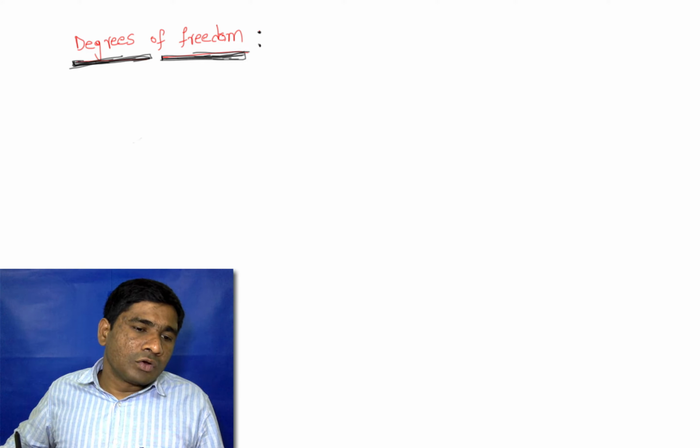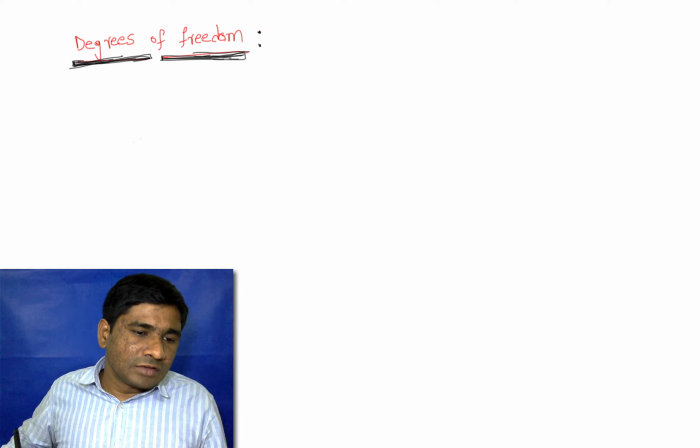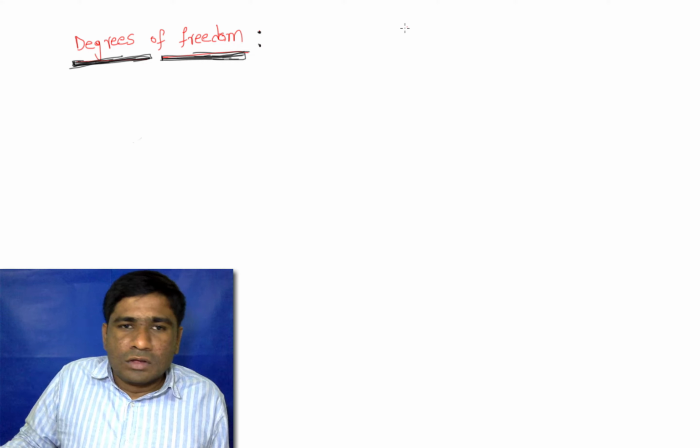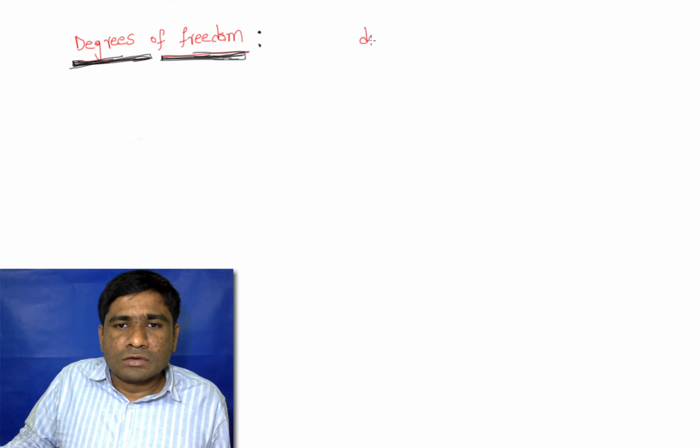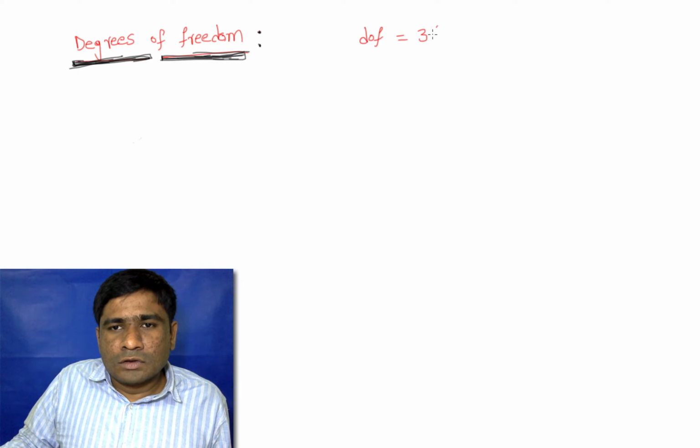Before deriving that particular equation, here I would like to first write the degree of freedom. According to Gruebler's criteria, degrees of freedom is given as 3 into (n minus 1) minus 2 p1 minus p2.